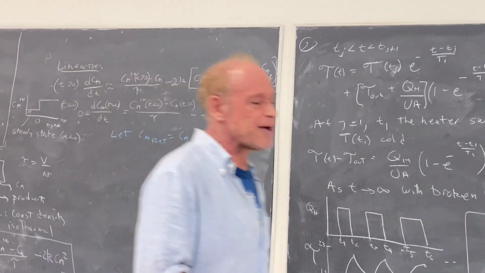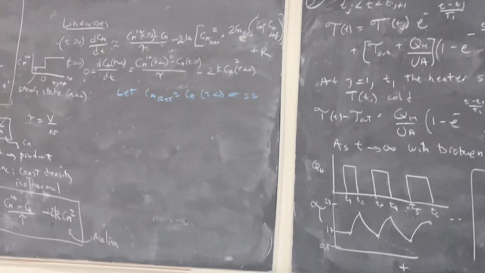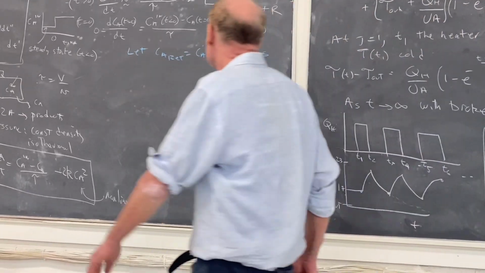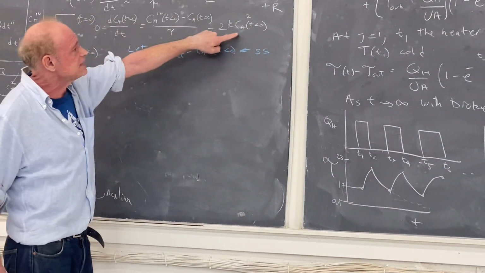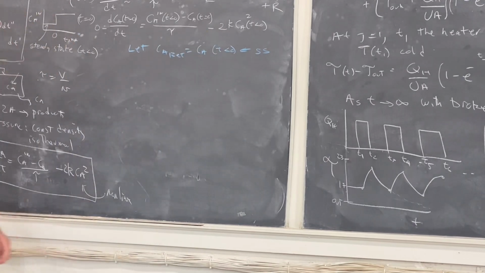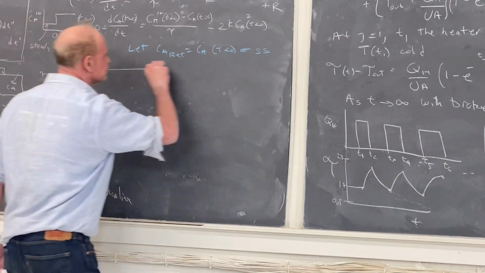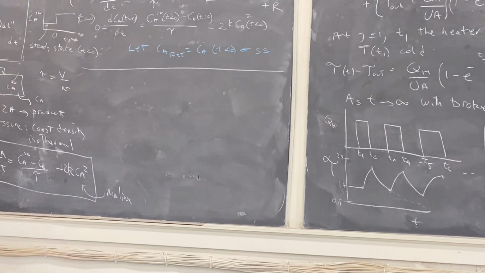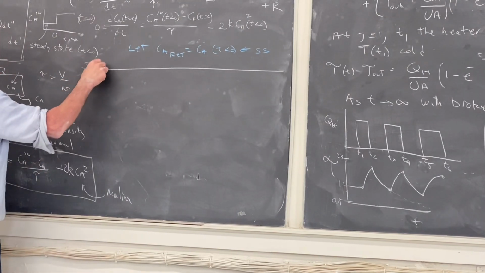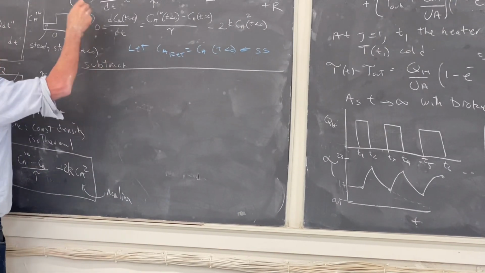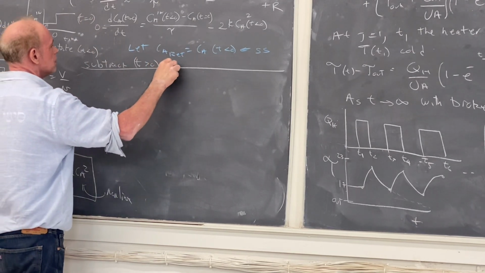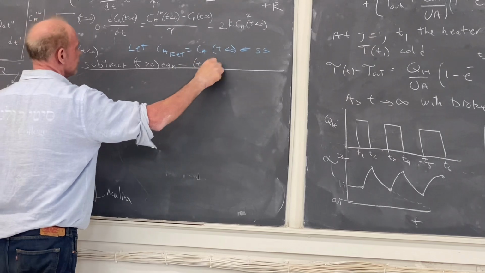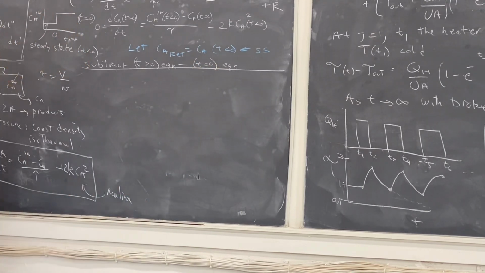I can linearize about anything I like, but I decided that might be a convenient choice. So now I can identify CA ref and CA t less than 0 as the same thing. And if I do that, I can subtract these two equations: the t greater than 0 equation minus the t equals 0 equation. And let's see what I get.